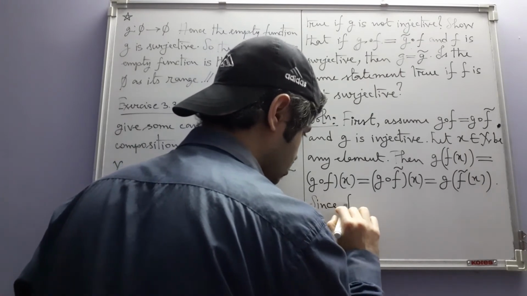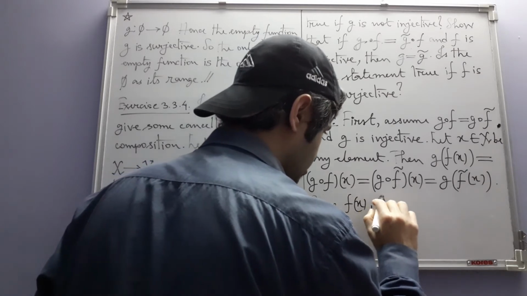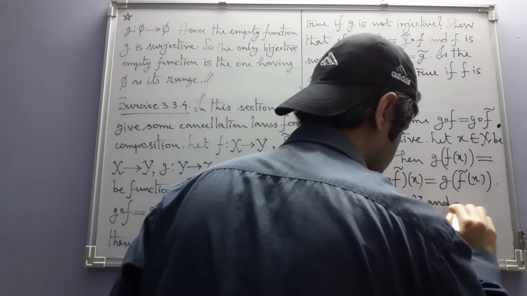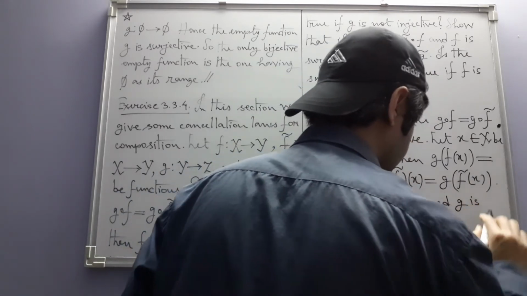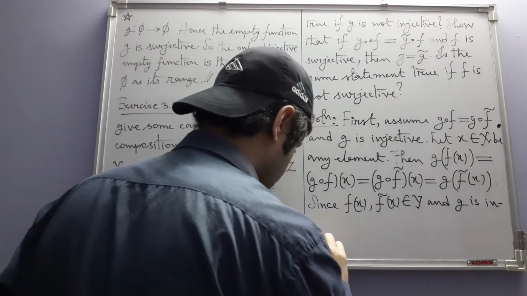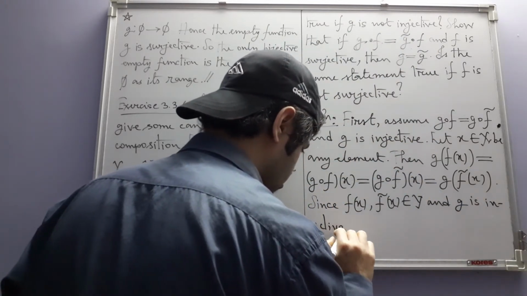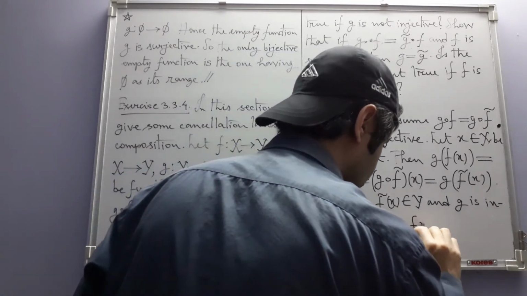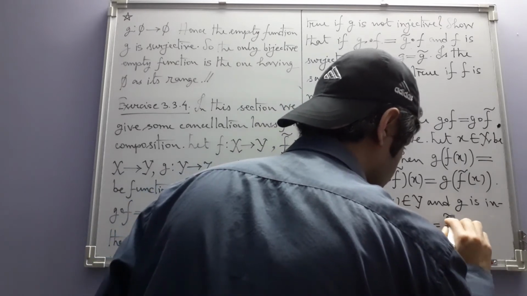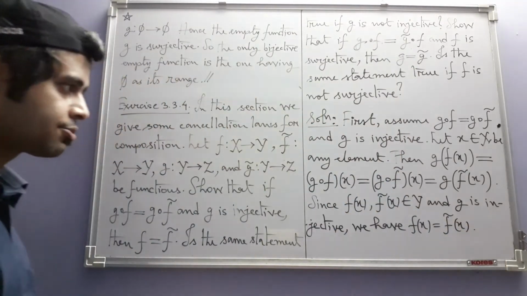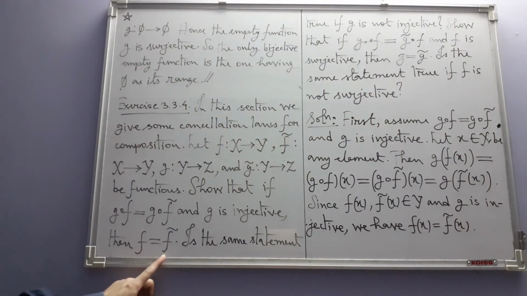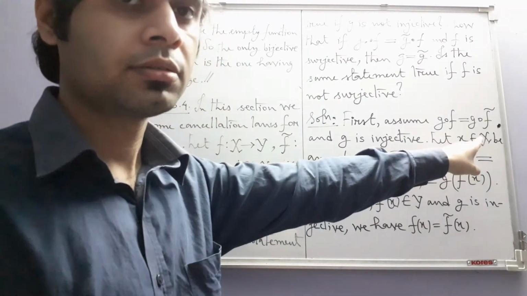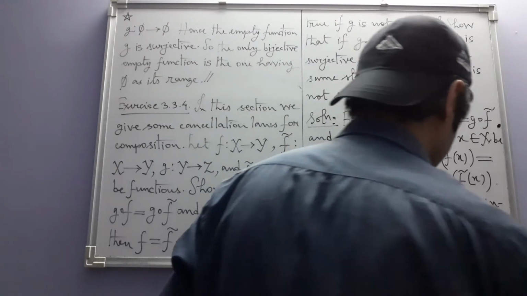Since Fx and F tilde x are elements in Y and G is injective, we have Fx equal to F tilde x, and that's what we wanted to show, to conclude that F is equal to F tilde, because x is any element in the set X, which is the domain of both of these functions.